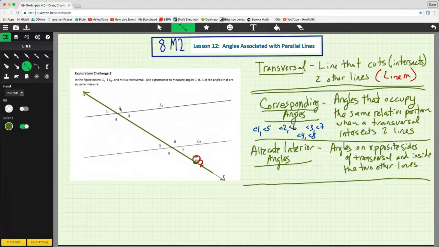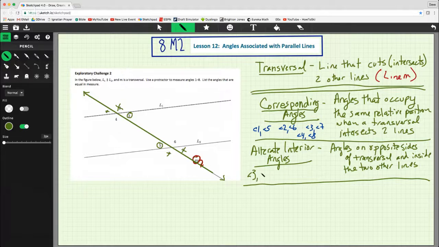So we're not going to talk about angle 2 and angle 1 or angle 8 and angle 7 because they're not inside these 2 parallel lines. So if we talk about angles that are inside but on opposite sides of the transversal, we're talking about angle 3 and angle 5.